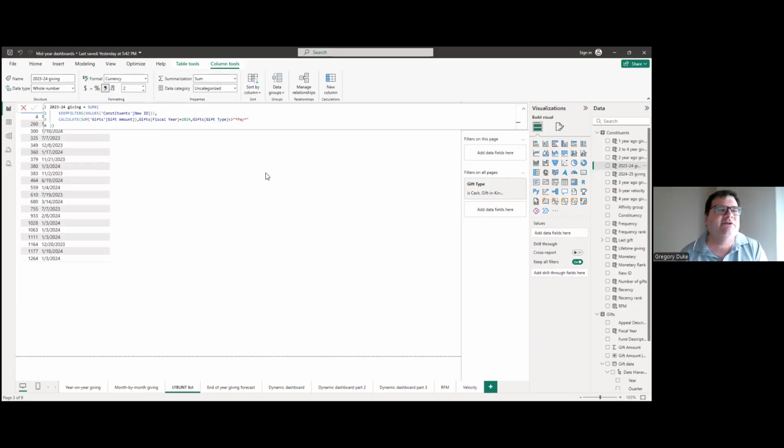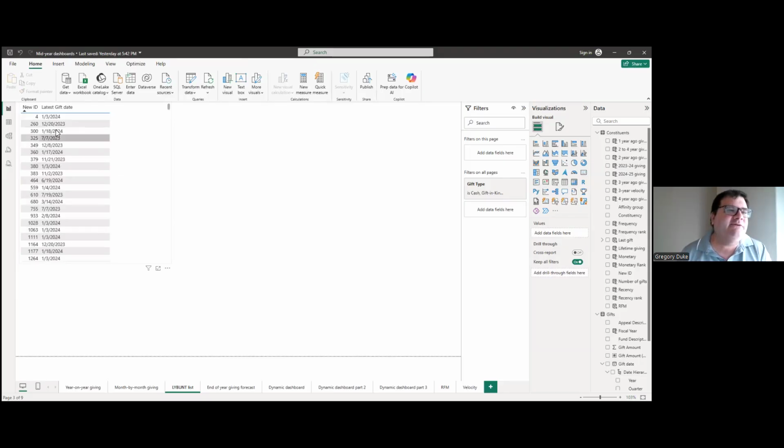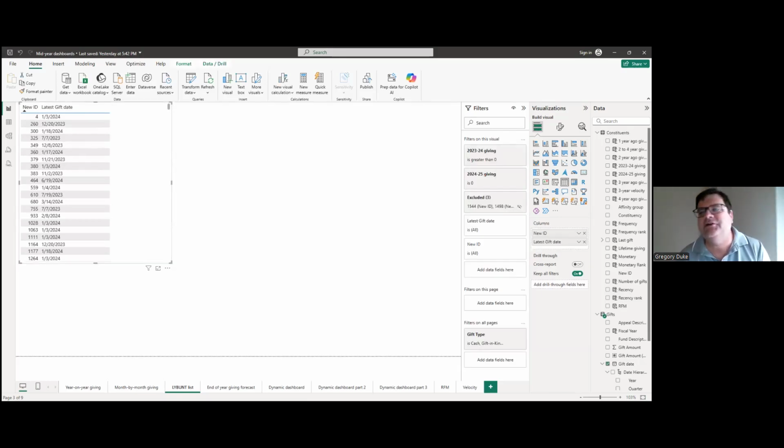So what we're doing here is we're looking at who gave in 2023, 2024, but not 2024, 2025. In order to do that, what we simply have to put in as filters is giving in 2023, 2024 was greater than 0, but giving in 2024, 2025 has been 0 so far, up to November 18th.